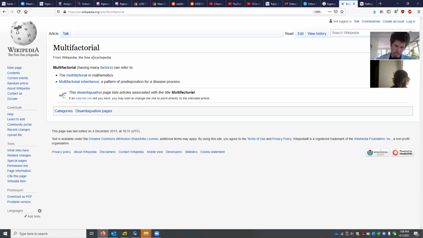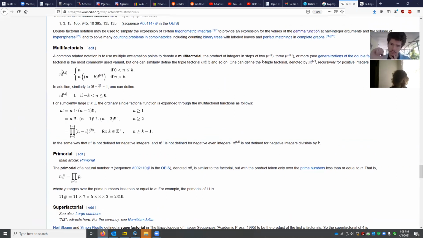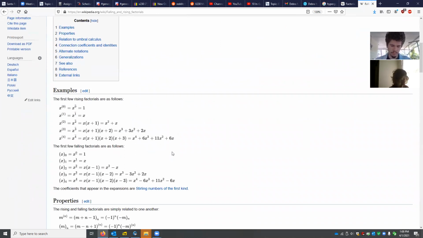Okay, good. Factorial in mathematics. So here they talk about double factorials, triple factorials, and so on. If you want to understand more about these, they will be discussed in depth here, but you'll need to take some time to read. Rising and falling factorials can be the cleanest way to write this sort of thing, especially if your aim is to cancel them.